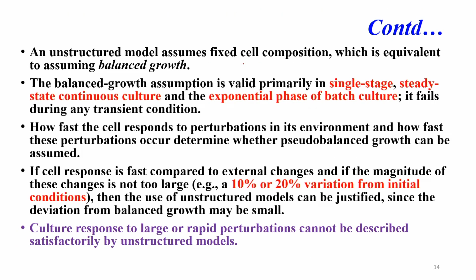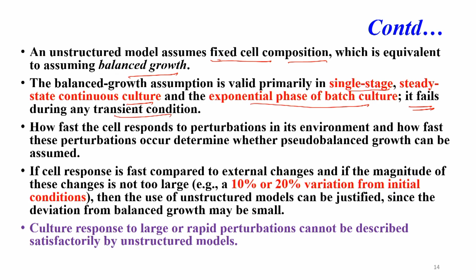Typically, the unstructured model assumes fixed cell composition, or we say the balanced growth, and the balanced growth assumption is valid primarily in single stage steady state continuous culture or the exponential phase of the batch culture. It does not hold good during any transient conditions.